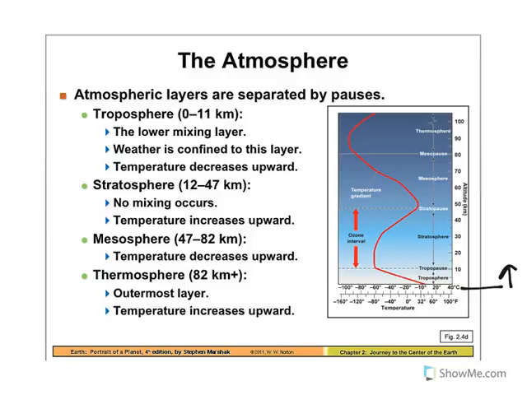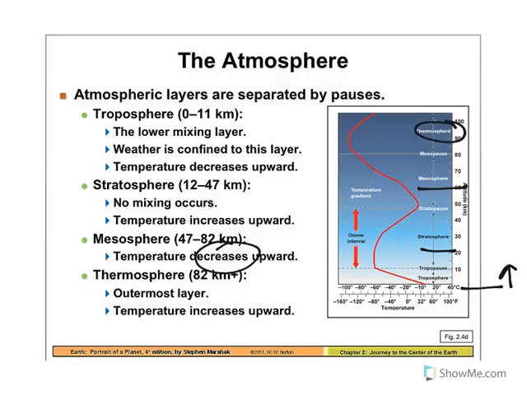Now, after we cross that boundary, our next layer is the stratosphere. There's no mixing here. Because of that no mixing, our temperature actually gets hotter as we go upwards. So you can see that temperature is defining the differences between those layers. The next layer is the mesosphere. In the mesosphere, again, you can see the temperature decreases upwards, so we have a flip-flop again.